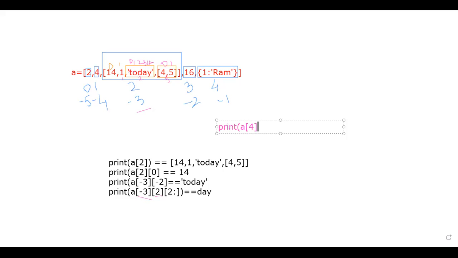I just want it to be displaying, like RAM, for example. In that case, I will say print A in the place of 4 and the value of key. Remember, the number 1 over here depicts the key. So then I get the output as RAM.